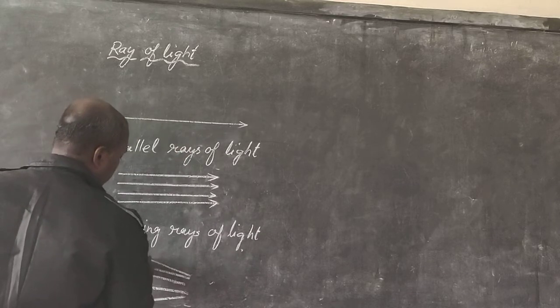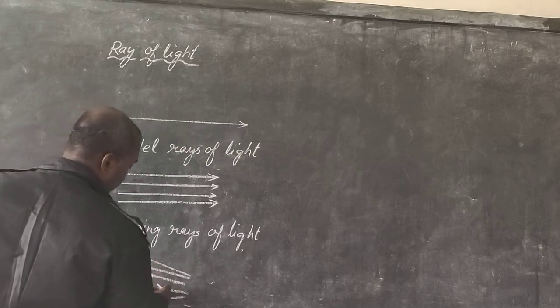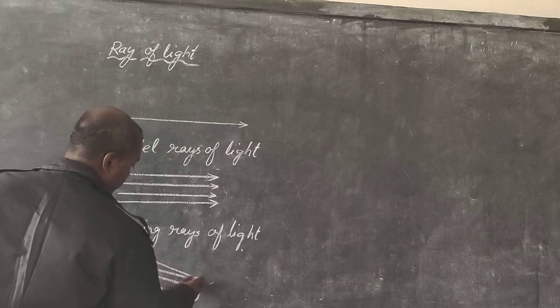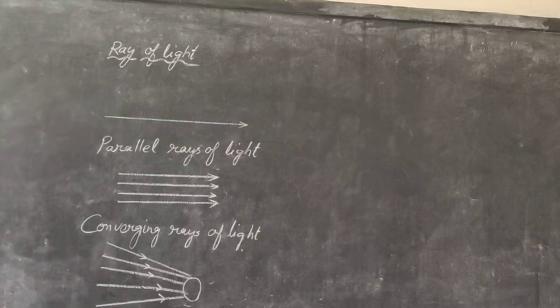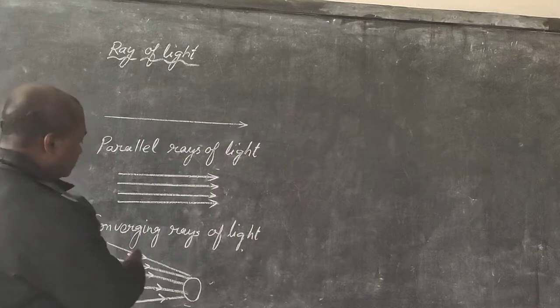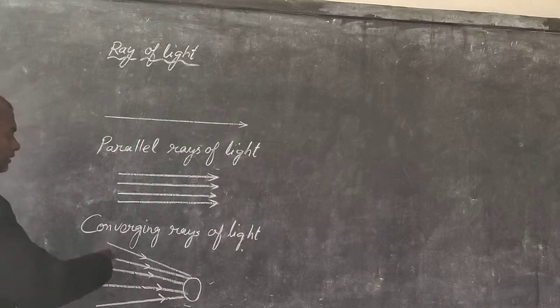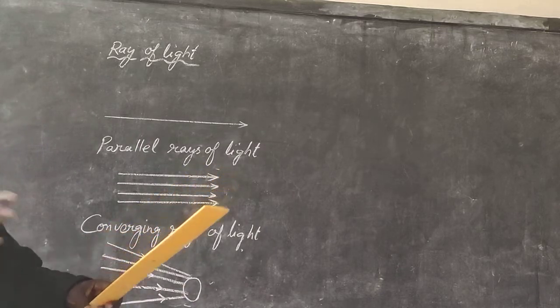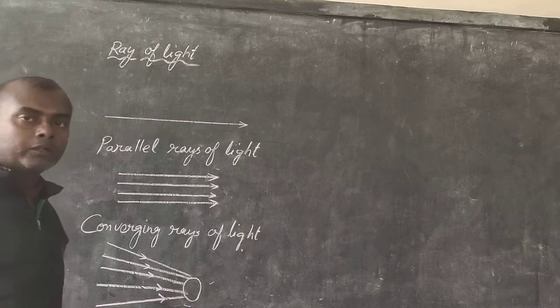See, from so many different directions, light is coming to one point. They are coming and meeting at one point. Such kind of rays are known as converging. Converging means to come from different directions and meet at one point.